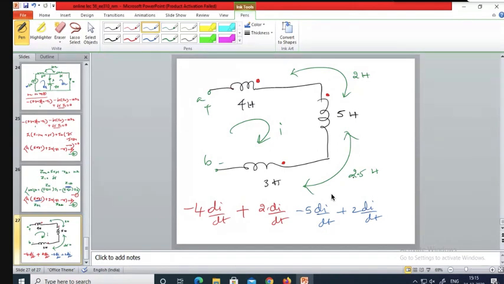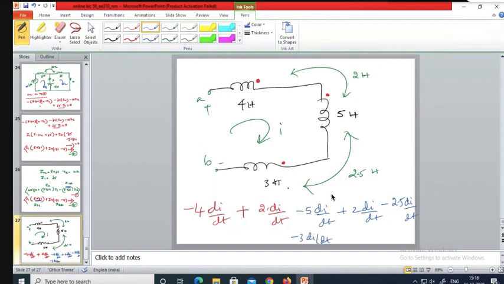Next, coming back to this coil, just check here: the current is entering here and the current is entering this coil. So obviously the induced EMF due to this 2.5 Henry has to be supportive, so minus 2.5 di by dt, of the same direction. Next, this coil is minus 3 times di by dt.